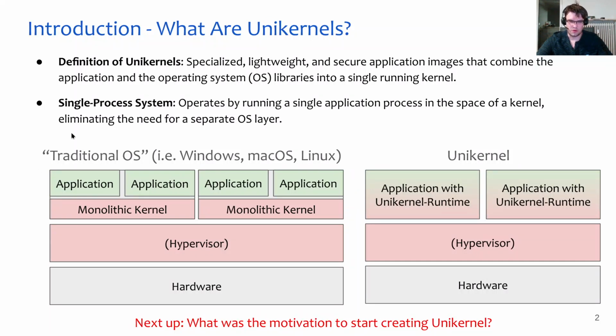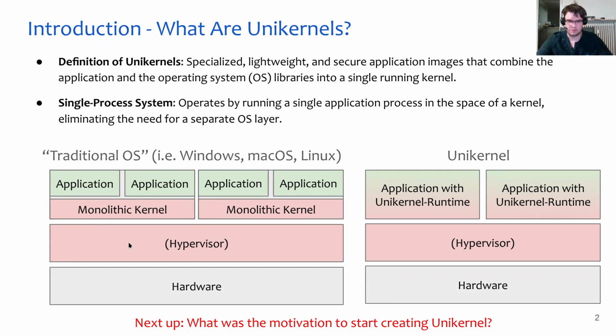To make a comparison, you may know how traditional operating systems achieve isolation. You have a monolithic kernel, and then you have applications running in it, and one application commonly cannot access the address space of a different application or of the kernel, except if some special mapping is set up.